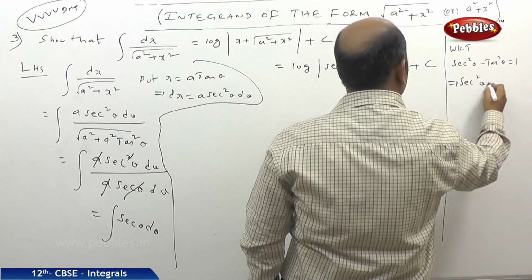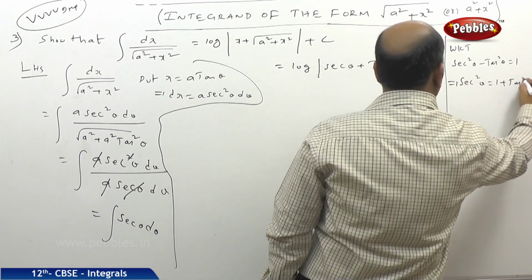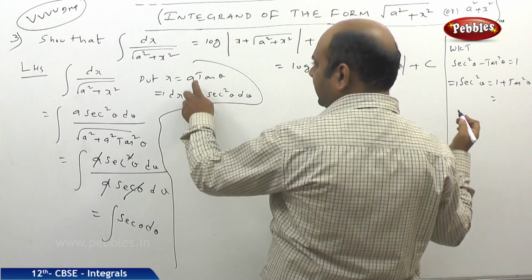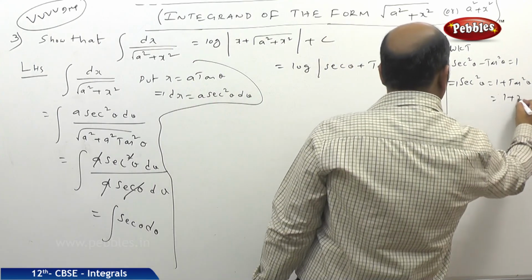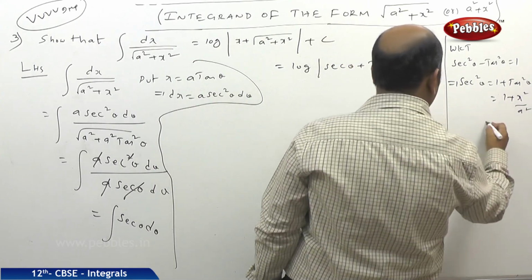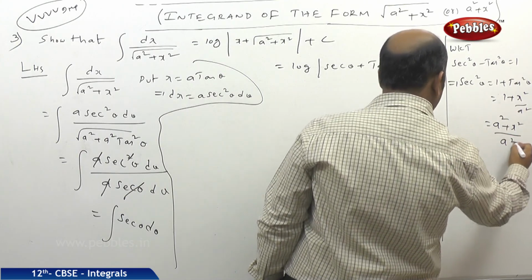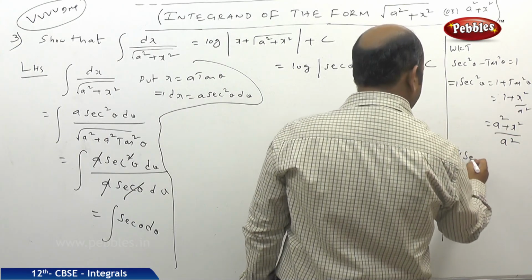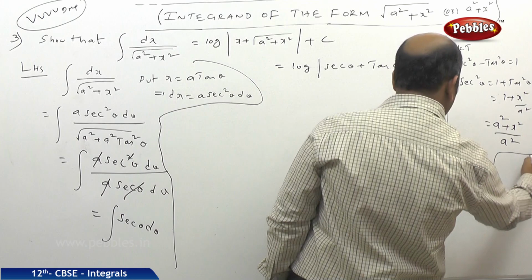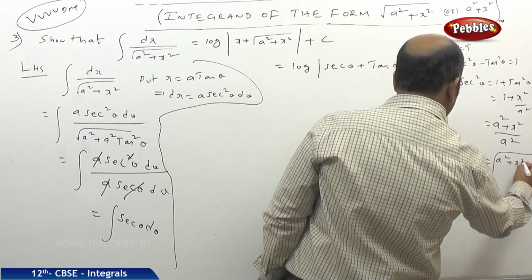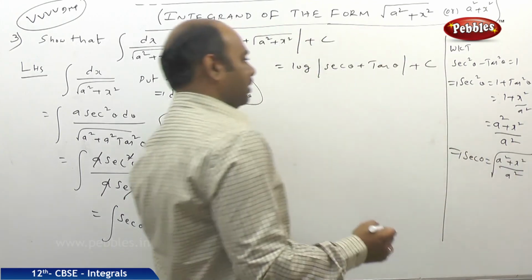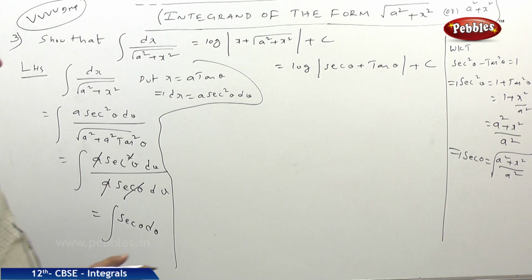That means secant square theta is equal to 1 plus tan square theta, and tan theta is x by a. So this becomes x square by a square, so this becomes 1 plus x square by a square. That implies secant theta can be written as under root of a square plus x square by a square. This conversion is very important for us.